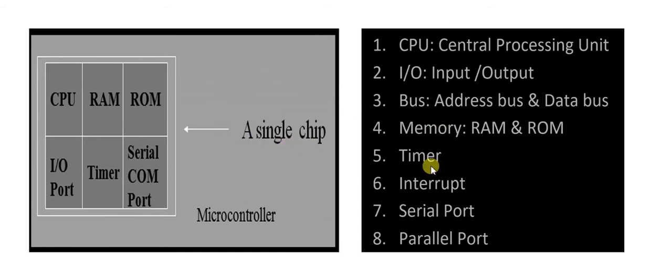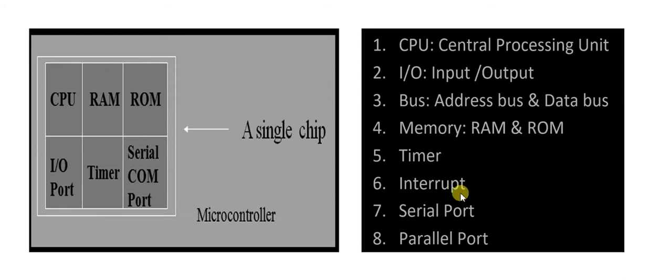These are the basic requirements of any computer system. But the microcontroller contains everything on chip, whereas in the case of a microprocessor everything is on board.